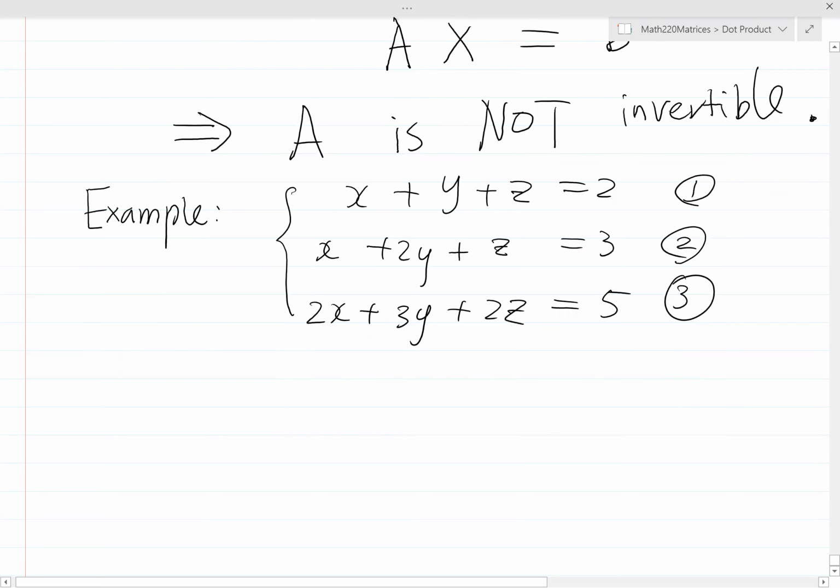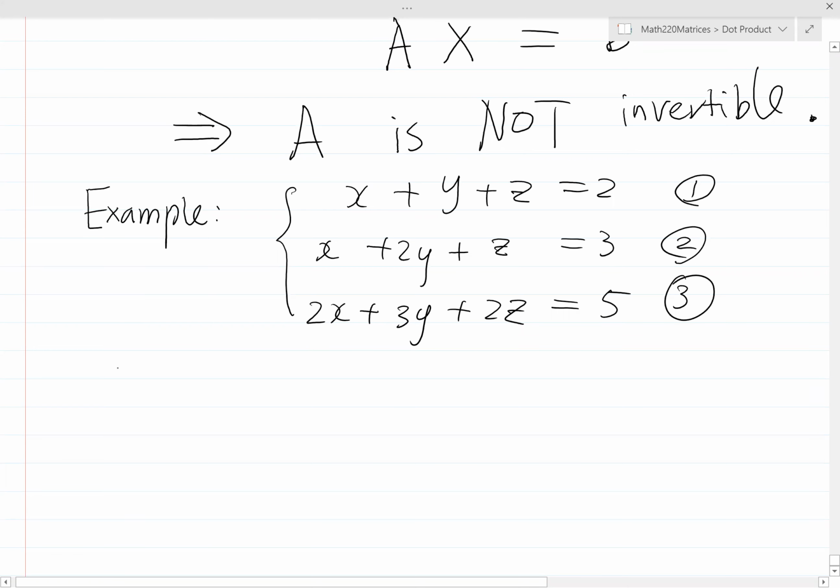Let's see. In general, the row picture says this is the intersection of three planes. Now, if two planes are not parallel, then they intersect. Here any two of the planes are not parallel. You can see the normal vectors are not parallel.